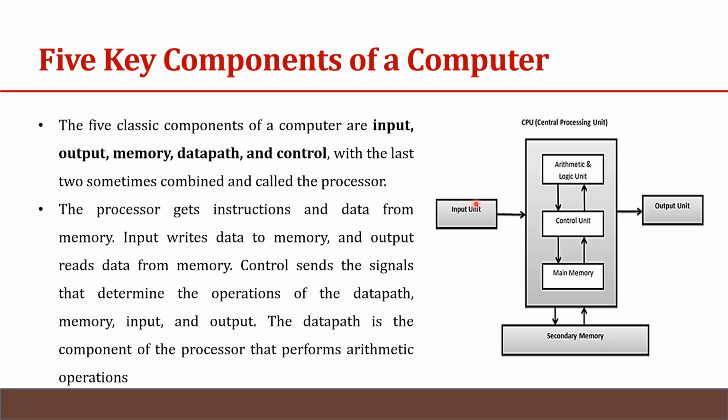Input writes the data to the memory and the output reads the data from the memory. The control unit sends the signals that determine the operations of the data path, memory, input and output. The data path is the component of the processor that performs arithmetic and logic operations.